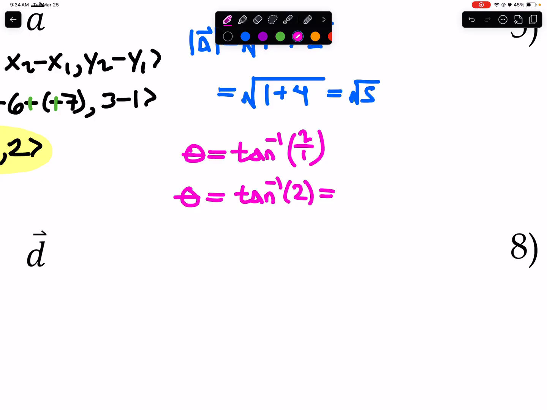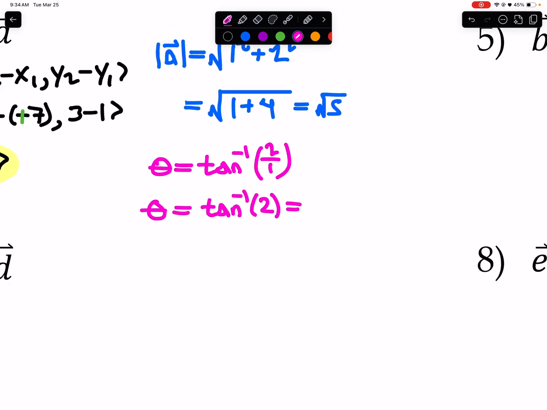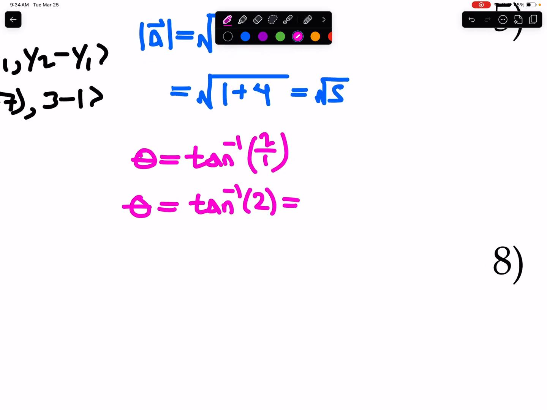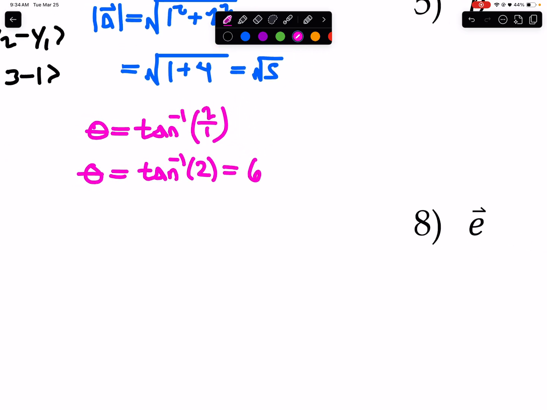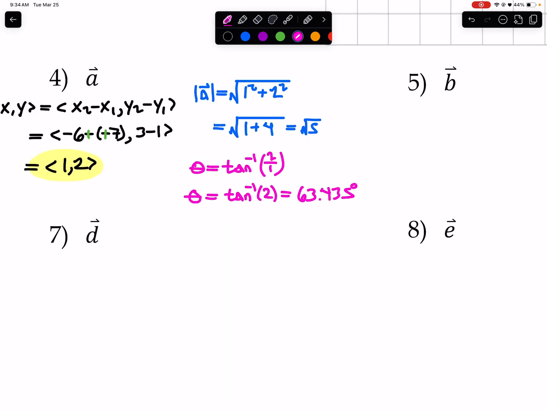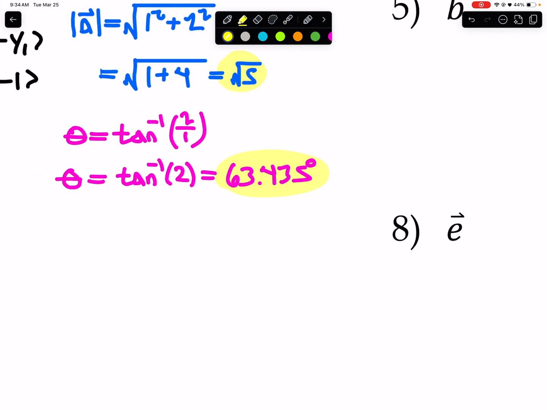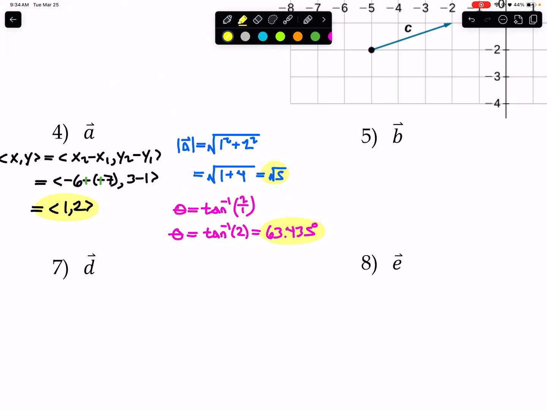And no, we can't evaluate that from the unit circle, but with these values, we are going to be using calculators. So I want inverse tangent of 2, which is going to give me a degree value of 63.435 degrees. So now we also have our magnitude and we have our direction. Now this is going to be measured in standard form, which means I don't really need to do any north of east or anything like that, so I can just leave it like that.